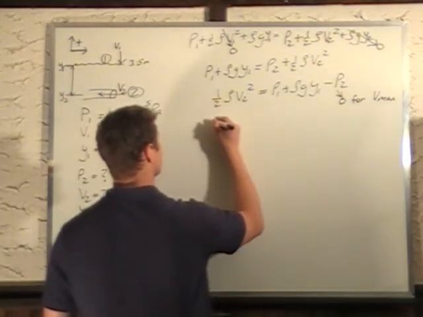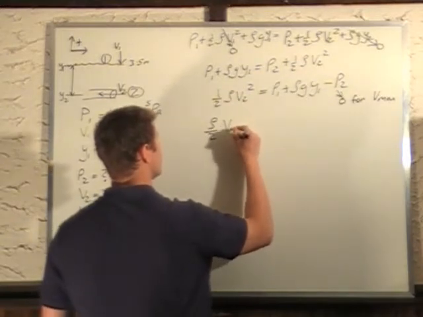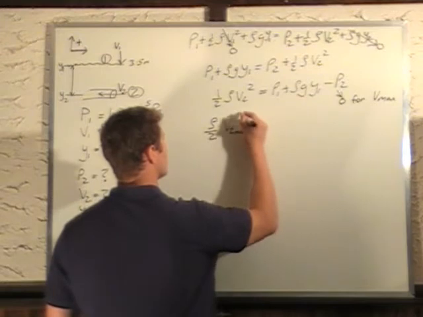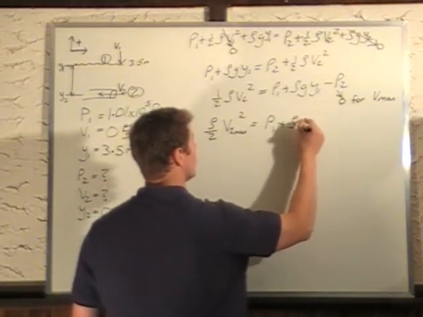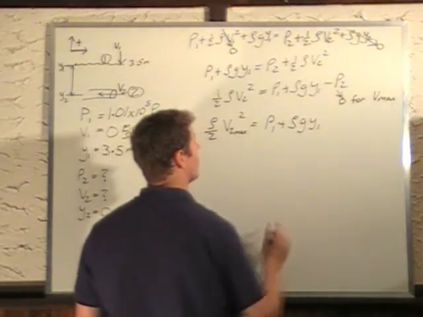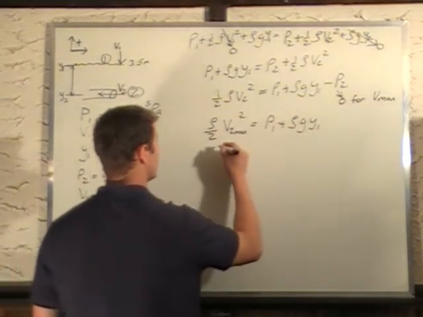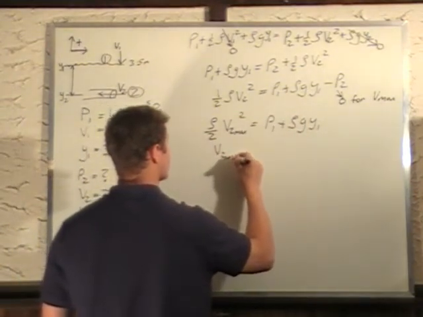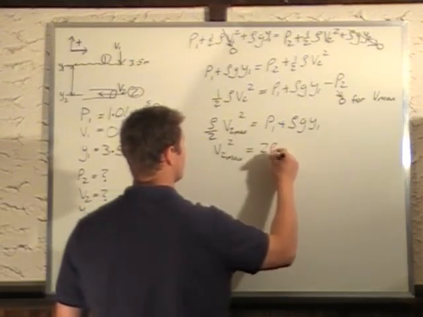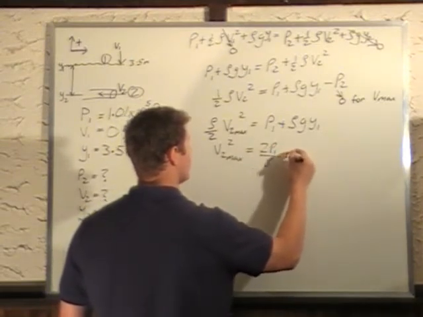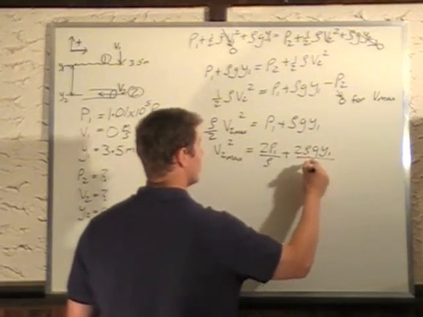So we're going to make that 0, and this becomes V2 max. So we have rho over 2 times V2 max squared equals pressure 1 plus rho G Y1. Now, to simplify, I'm going to multiply by 2 over rho, so we have V2 max squared equals 2 P1 divided by rho, plus 2 rho G Y1 over rho.